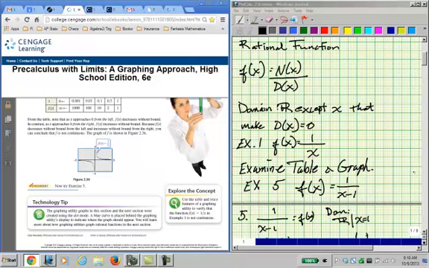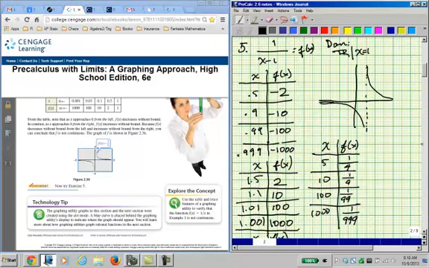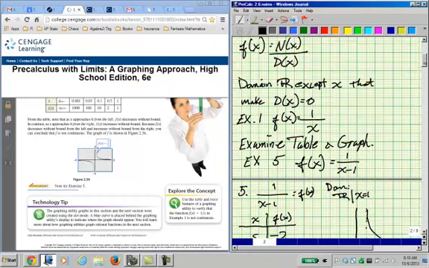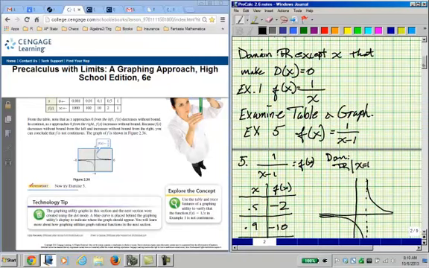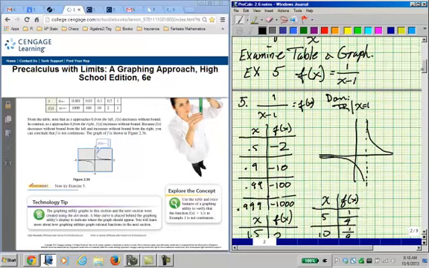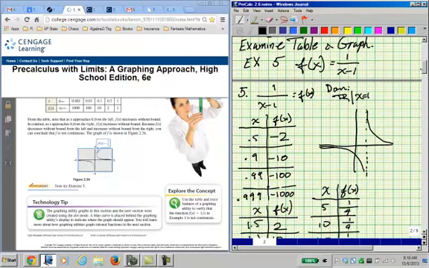Now, exercise 5. F of x equals 1 over x minus 1. Now we're just going to use this notation here to keep ourselves familiar with it. So 1 over x minus 1 equals f of x.